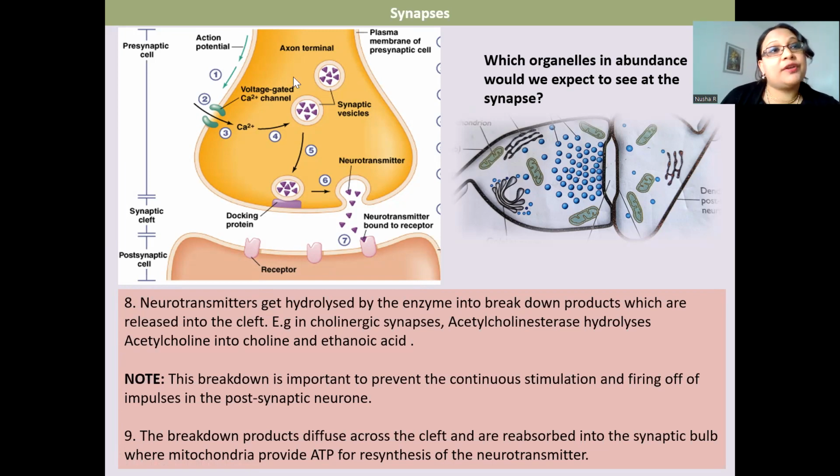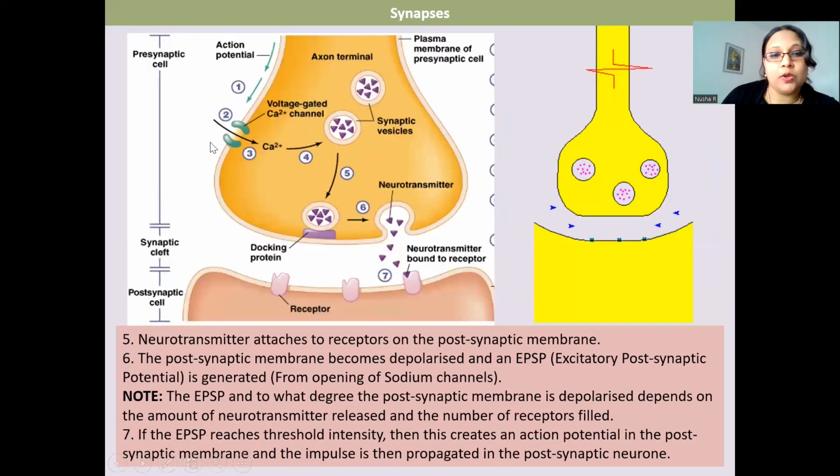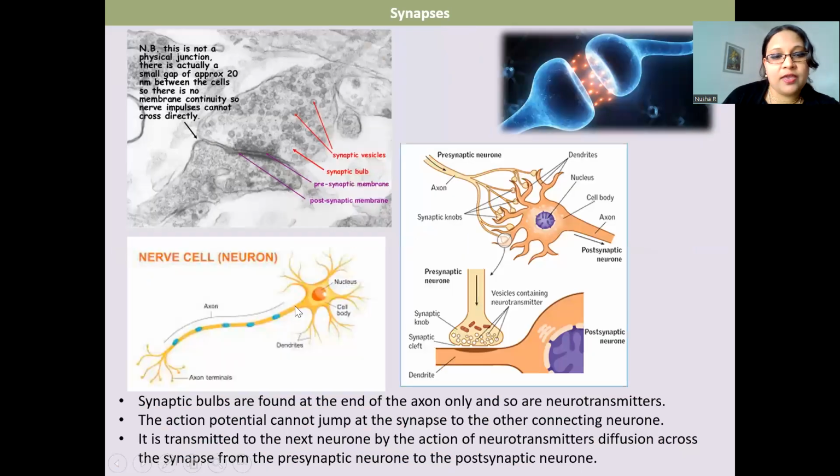Synapses ensure that transmission of the nervous impulse is in one direction only. So if we're looking at the neuron here, we're thinking nervous impulse coming that way, and the action potential is going off in this direction to the next postsynaptic neuron, because synaptic knobs are only on one end of the neuron, and also the neurotransmitters would be released only from the presynaptic neuron.